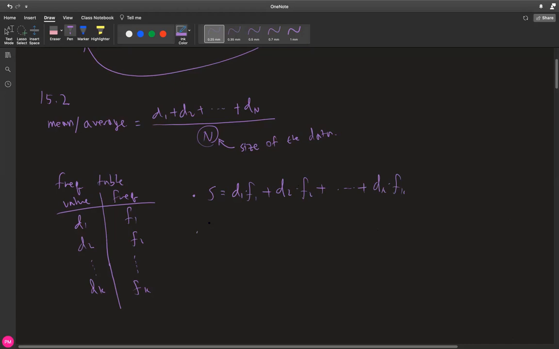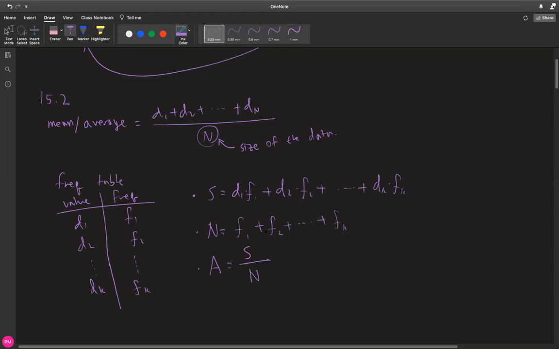You also find the size of the data, which you do simply by adding all the frequencies. Lastly, you find the average by taking the sum and dividing it by the size of the data.